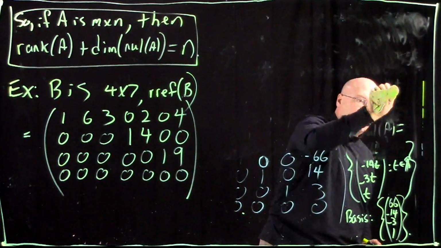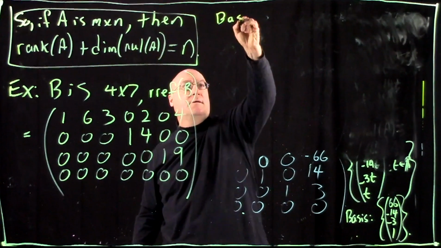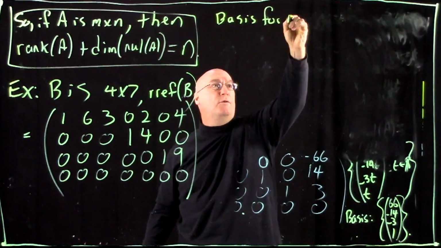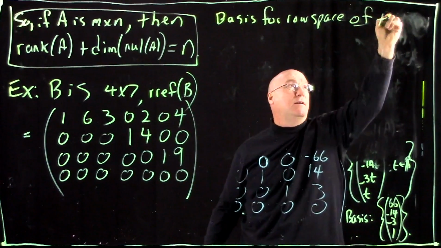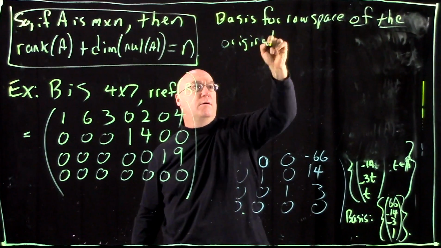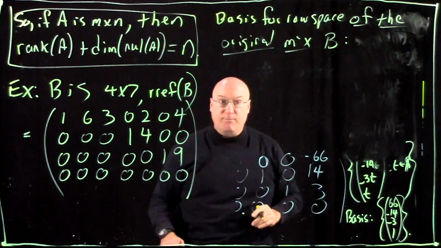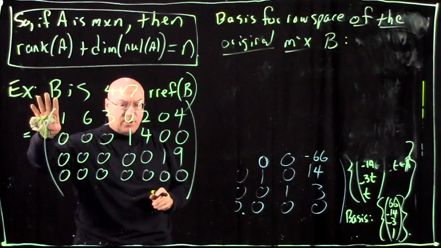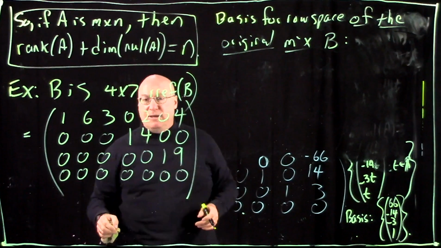The basis for the row space of the original matrix B. So I started off with something else, right? And I maybe put it in Octave, and it gave me this back, all right?